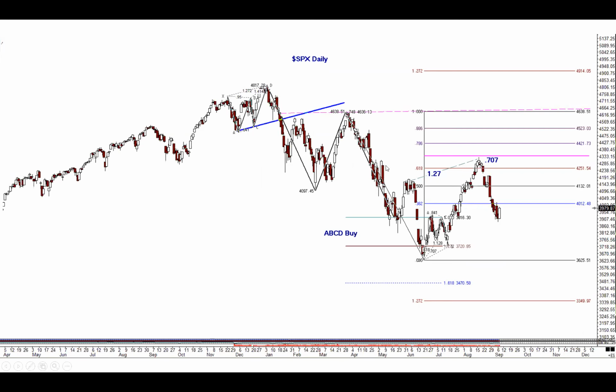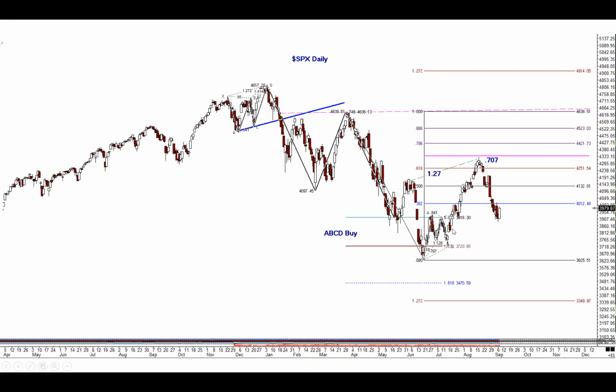And then as time went on, several months into this decline, it forms a big ABCD buy pattern. Here's the D 1.0, the first completion, gets a pretty good rally off of that. It then turns, declines again, to find support right around that 1.27, then forms a Gartley ABCD buy pattern.